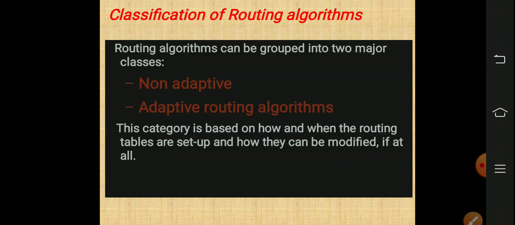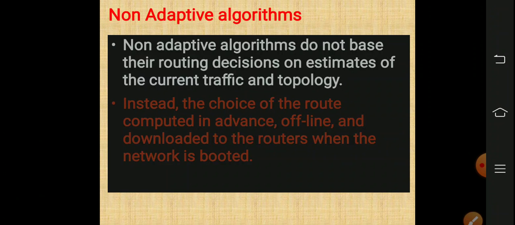So these are the two major categories present in routing algorithms. This categorization is based on how the routing tables are set up and how they can be modified. So we'll go for the non-adaptive algorithm first.